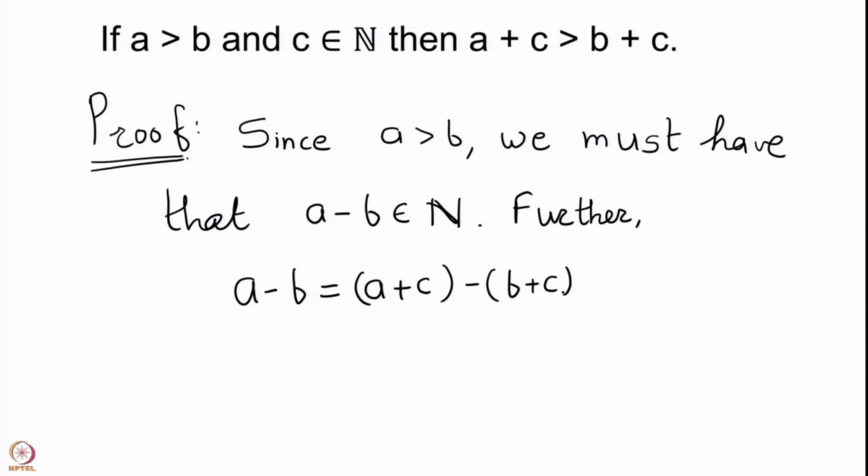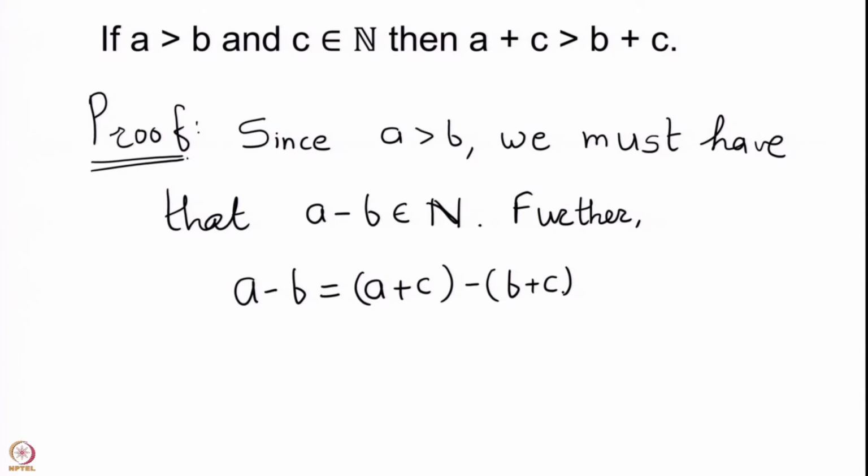This is where we are using some properties of the addition, that A minus B is same as A minus B plus C minus C, and the first C which comes with the positive sign can be put inside next to A, and the next C which is with the minus sign can be put with the B. So, we are using the commutativity of the addition.